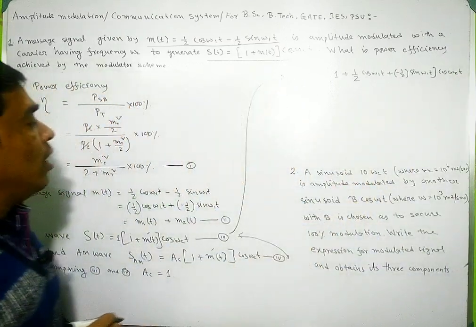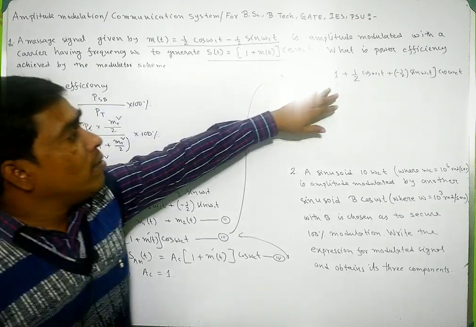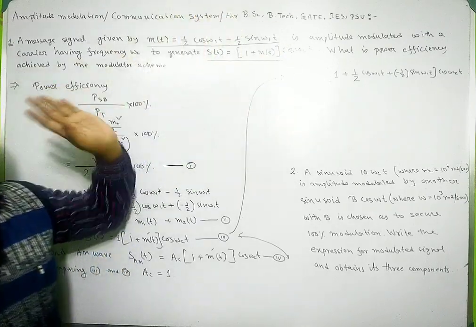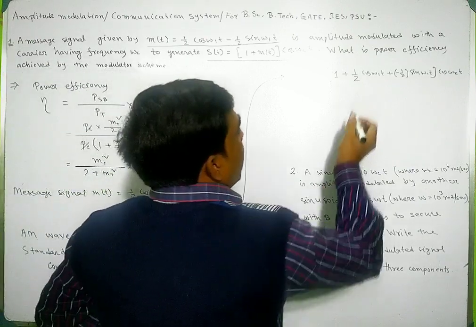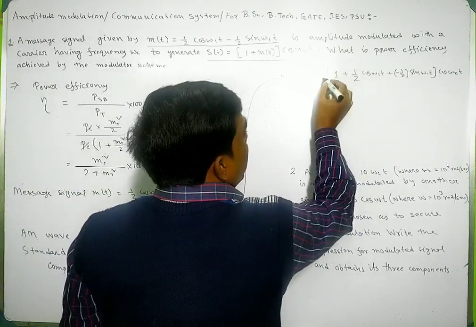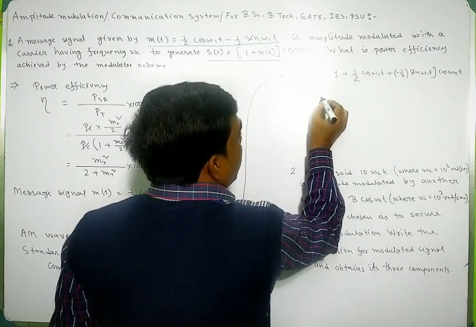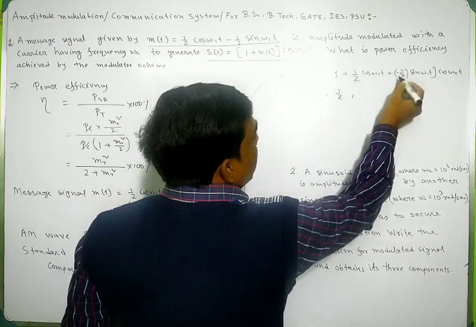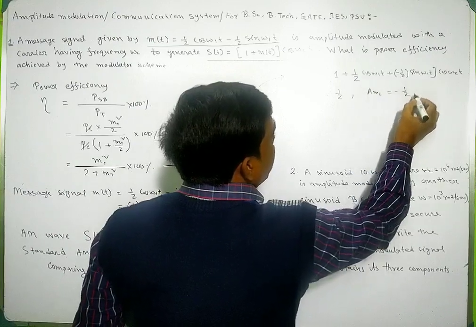This is the amplitude modulated signal in this problem. Now Ac is 1, Am1 is given by half, and Am2 is given by minus half.